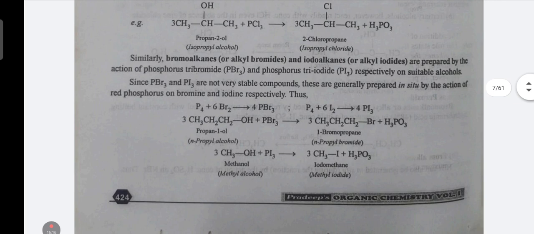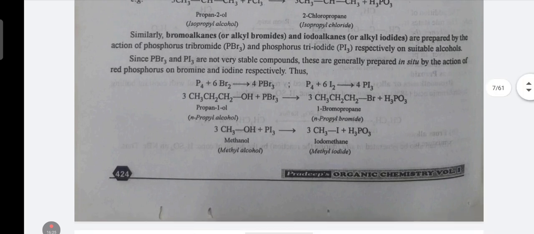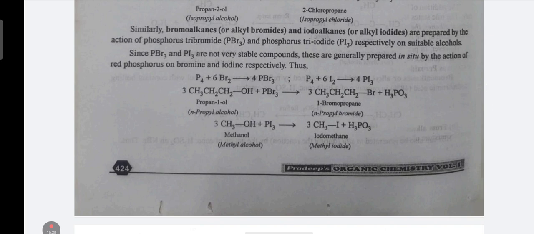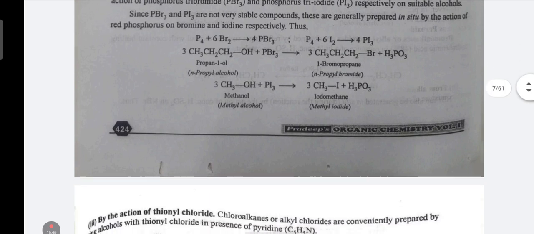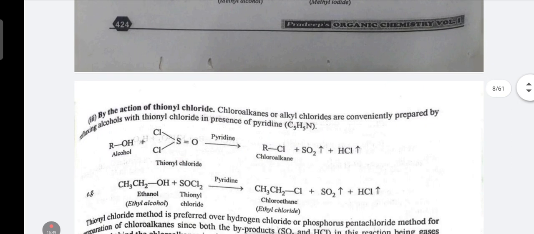Similarly, bromoalkanes or alkyl bromides and iodoalkanes or alkyl iodides are prepared by the action of phosphorus tribromide and phosphorus triiodide, respectively, on a suitable alcohol. Since PBr3 and PI3 are not very stable compounds, these are generally prepared in situ by the action of red phosphorus on bromine and iodine, respectively.